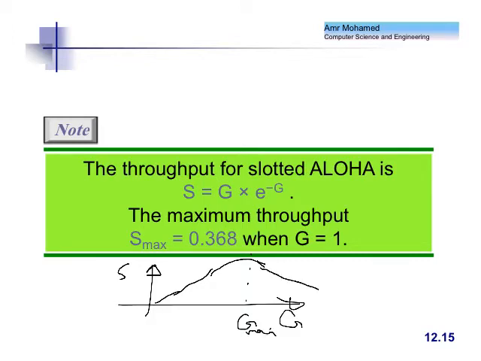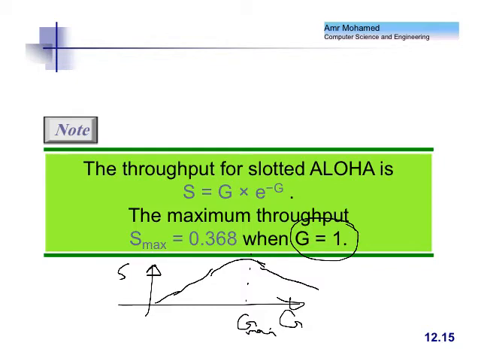The decay here is slightly slower compared to the pure Aloha. And it happens that G max here is 1. Remember that for the pure Aloha, the G max happens at G equal 1/2, right?